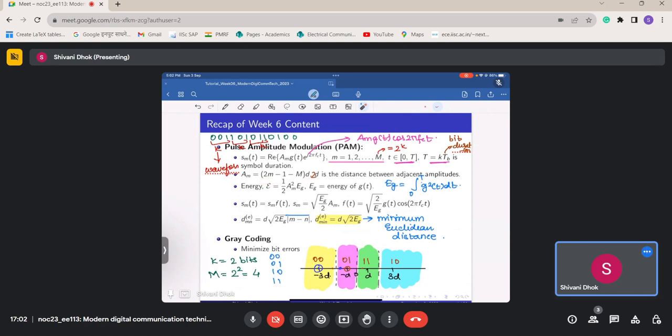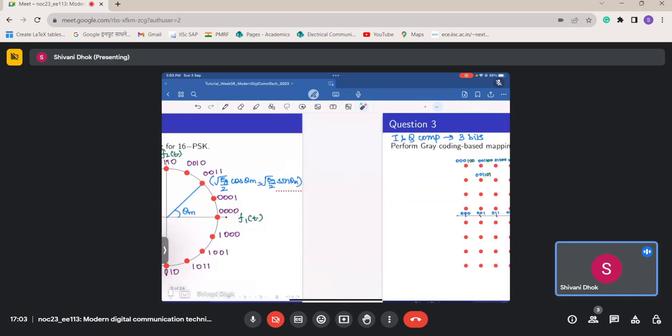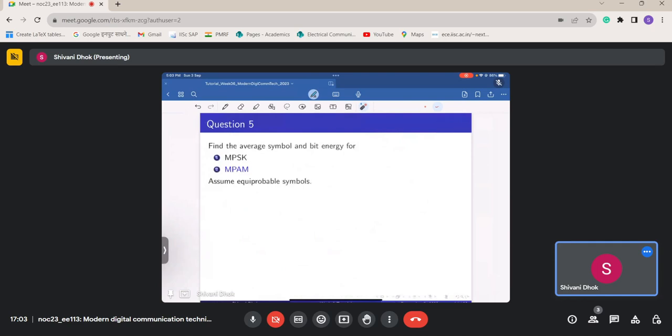Okay, so now let's try to do this. If we look at that Sm vector which we are having, so it is something like this. PAM is a one dimensional signal, and the coefficient that we are having for this basis is Sm equal to root Eg by 2 Am. So let me write that. For this PAM signal, Sm is equal to root Eg by 2 Am, where this Am is equal to (2m minus 1 minus M) into d.